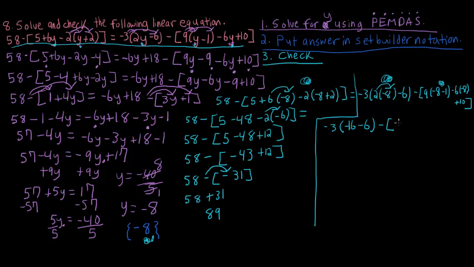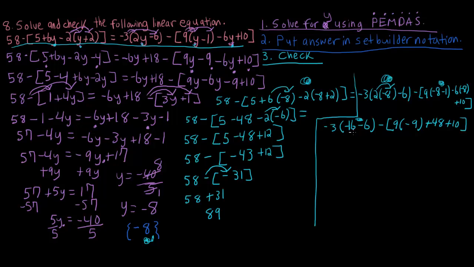We can subtract that, so minus 9 times negative 8 minus 1 is negative 9, and then negative 6 times negative 8 is positive 48, and then plus 10, close the brackets, keep simplifying here.